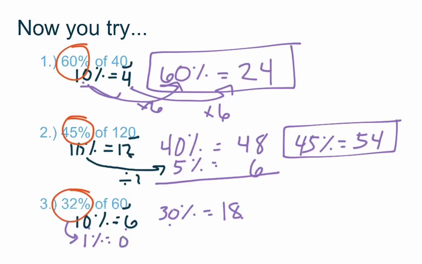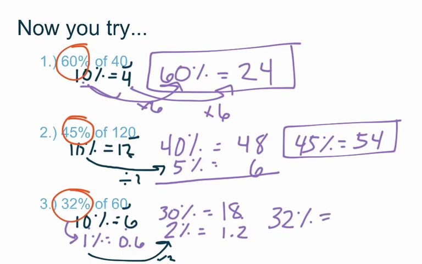I'm going to move that decimal point. 1% is 6/10. Okay, so 2%, if I do a times 2, that means 2% is 1 2/10. If I add these together, 30% plus 2% gives me 32%. 18 plus 1 2/10 is 19 2/10.